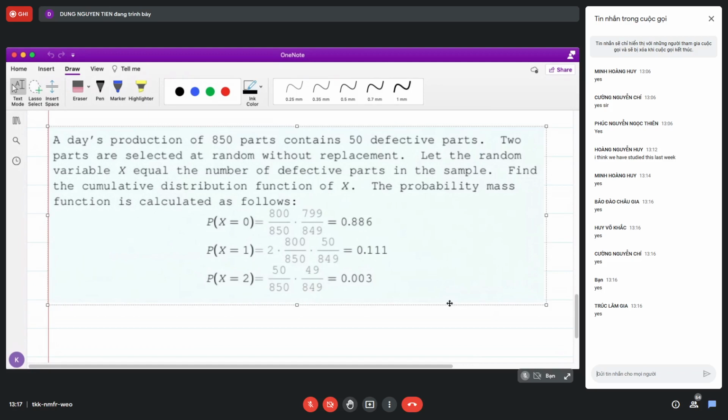And then you want to find the number of defective parts in the sample of two parts. Then x could be 0, 1, 2. If you learn the hypergeometric distribution, you will see that the probability that x equals 0, 1, or 2 should be 0.886, 0.111, and 0.003. Okay. And based on that, you can get the following functions.